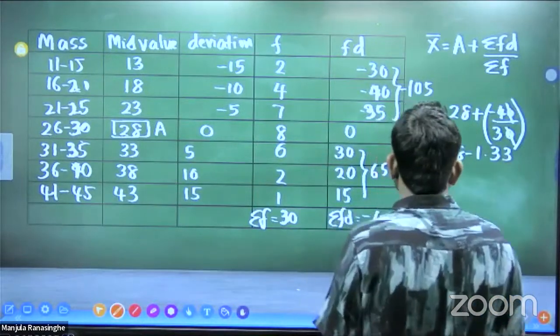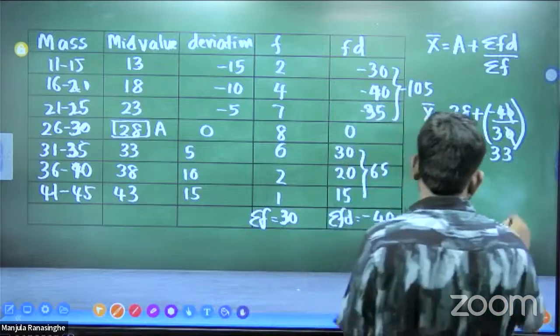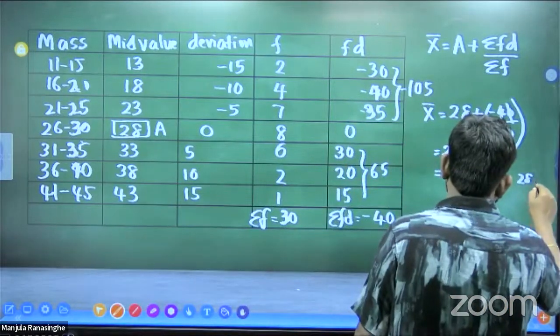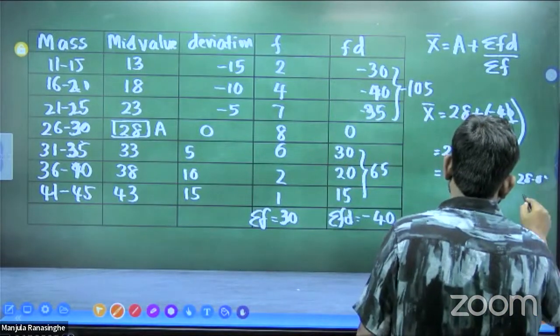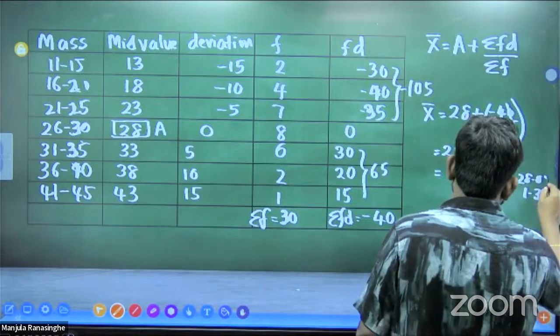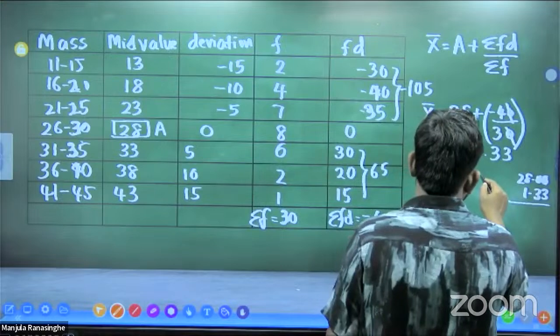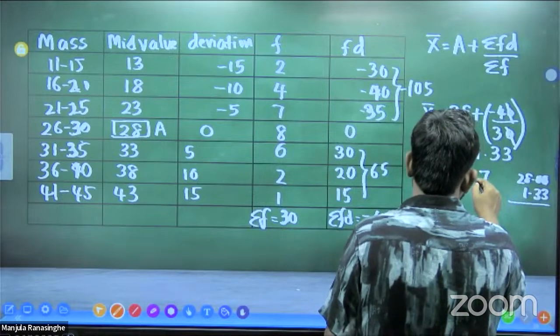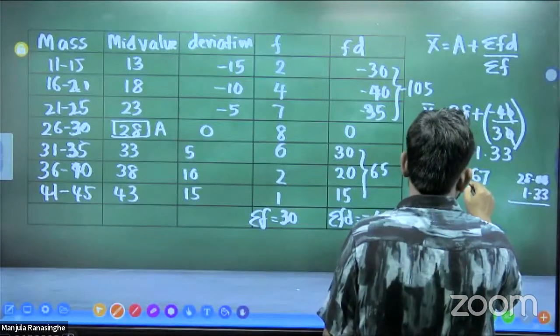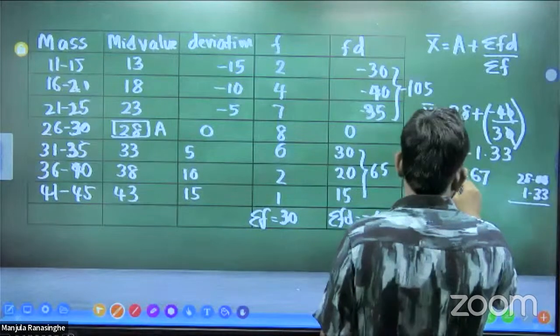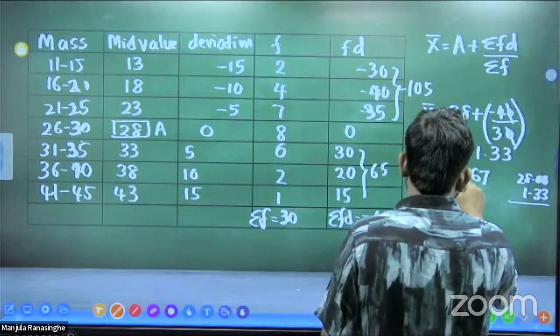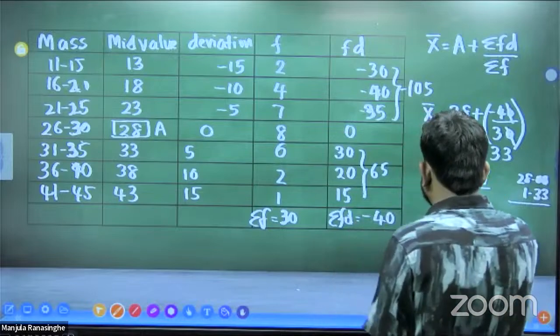Right, then take the answer 28 minus 1.33, that is 26.67. That is the x bar.